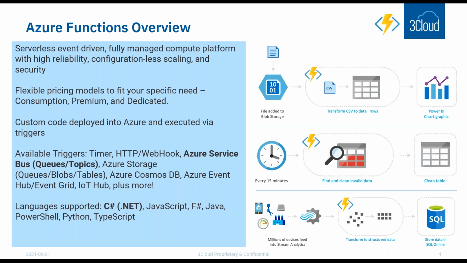You can do it by a timer, HTTP webhooks, Azure Service Bus, which is the main one we're going to be talking about today, Azure storage events, Cosmos DB. There are so many triggers that can fire off a function app call, and Microsoft keeps adding a bunch more as they go.